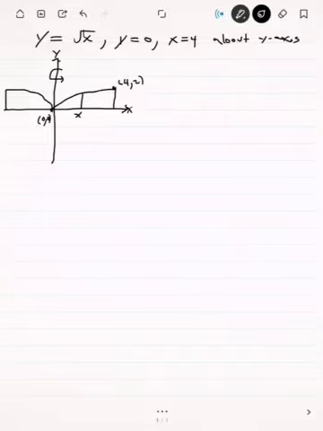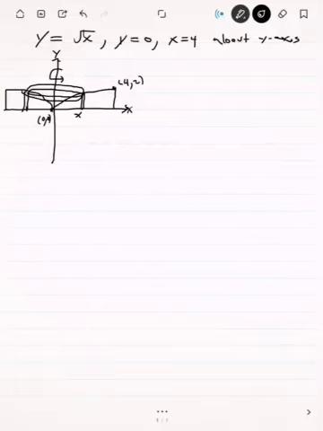And from this, I'm going to put a little strip that is parallel to the y-axis, which is the axis of rotation. And I'm going to do a copy on the other side. And then I'm going to create a cylinder. So this is sort of like the inner wall, and then this is sort of like the outer wall.